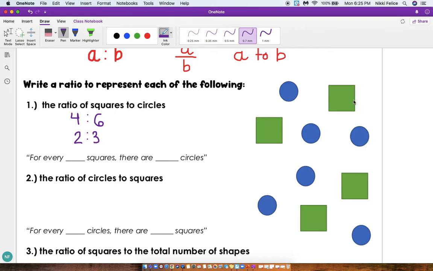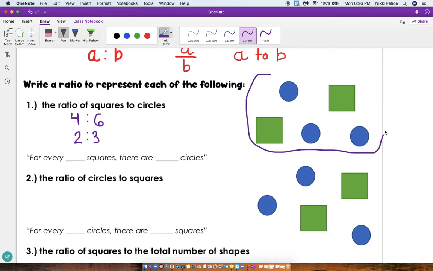So that means that for every 4 squares that I see, there are 6 circles. But now that I simplified it and we have 2 to 3, that means for every 2 squares, there will be 3 circles. And I see that in my picture here.